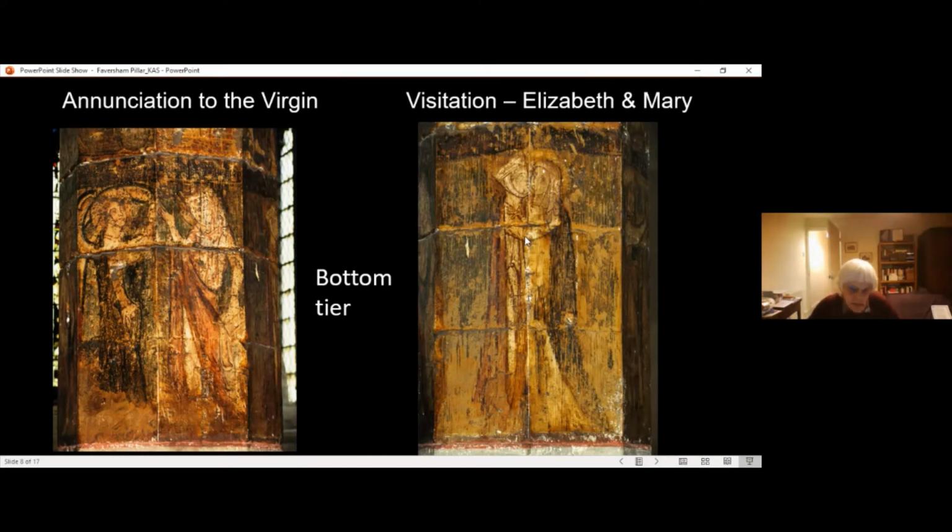If we move to the second, so we're moving conventionally right to the right around the pillar, as you would read a book, we meet Mary and her cousin Elizabeth. So here we have cousin Elizabeth, and here we have Mary.